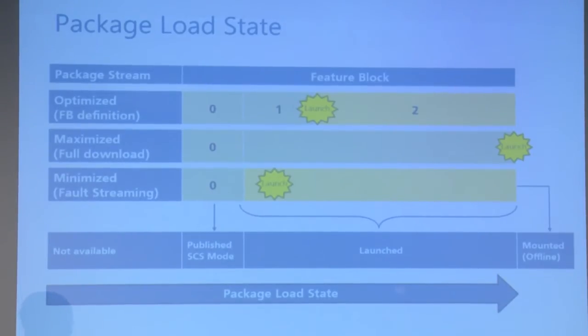So there are no feature blocks or anything. But the good thing is it gives you the quickest application launch you can possibly have. If you do shared content store mode, only this part of the application package will actually be delivered, and only during execution of the application.